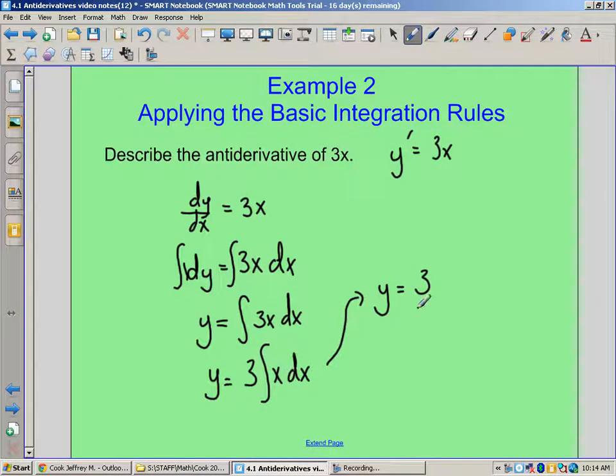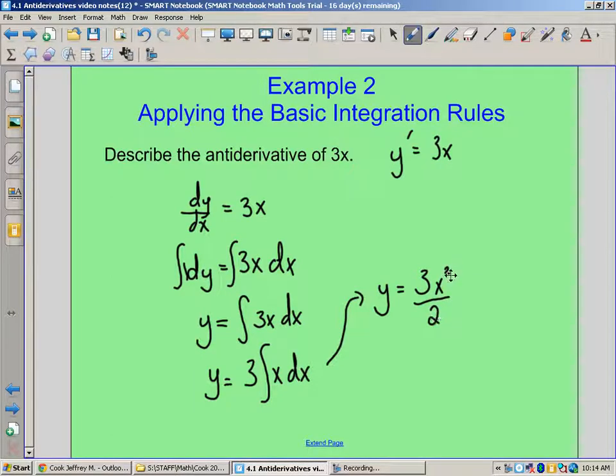Remember before when we were doing the power rule, we would take the power, multiply it out front, and then reduce the power by 1. Well, we're going backwards, so we have to do everything in reverse. We're going to raise our x power by 1, but instead of multiplying by the power, we're going to do the opposite. We're going to divide by that new power. And so we have 3x squared over 2.